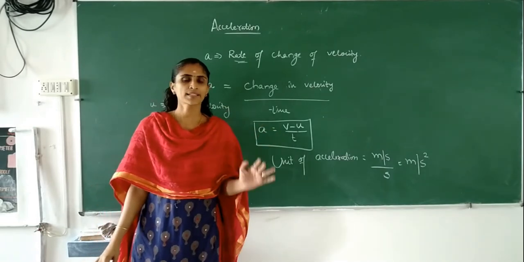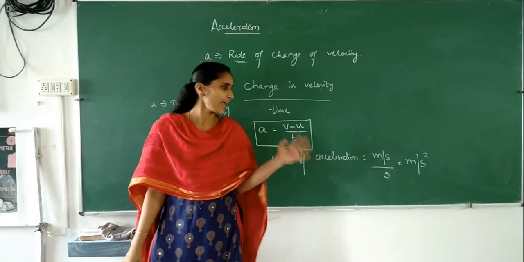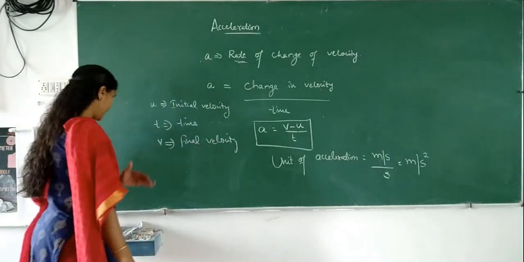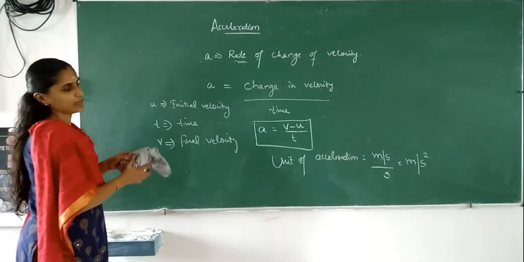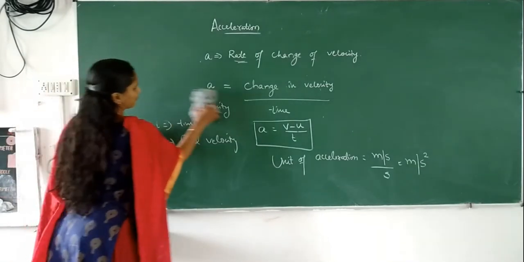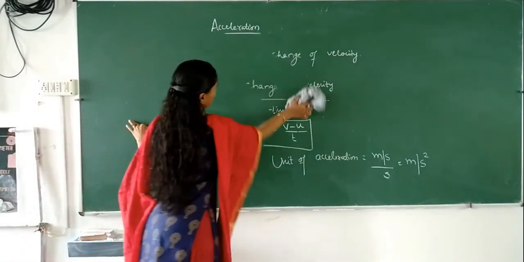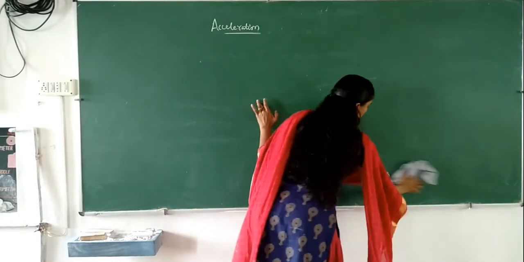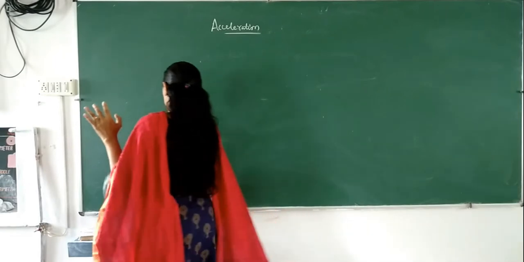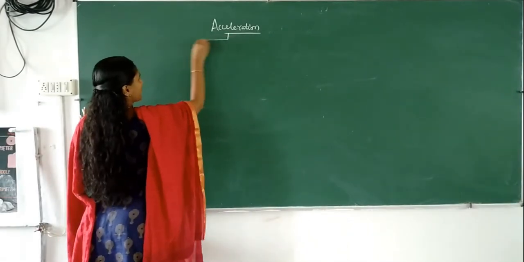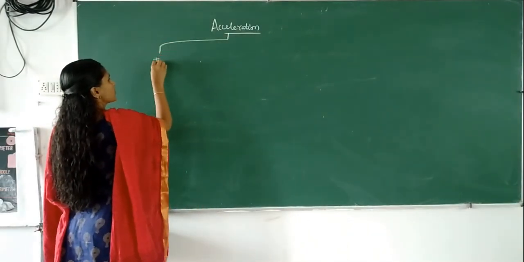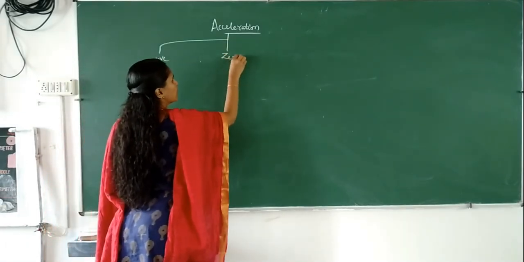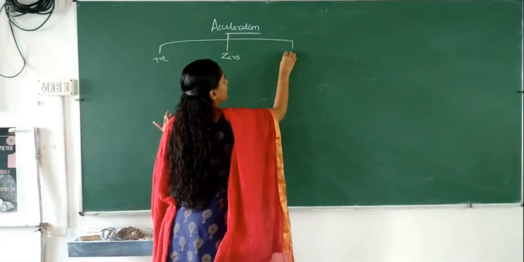Okay, is it clear? And this acceleration can be positive, negative, or zero. So three possibilities are there. Either A can be positive or zero, or can be negative.